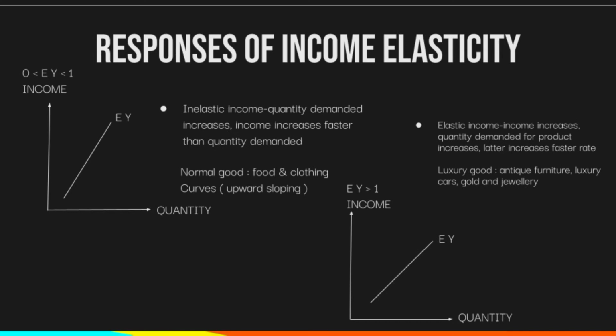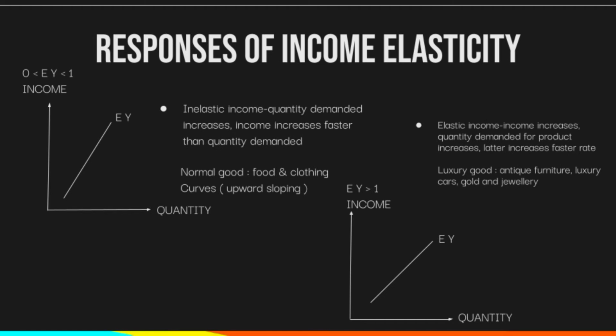Most of the time, income elasticity of demand is positive, and this pattern is common enough that these goods are referred to as normal goods, which are foods and clothing. For the curve, it is upward sloping.